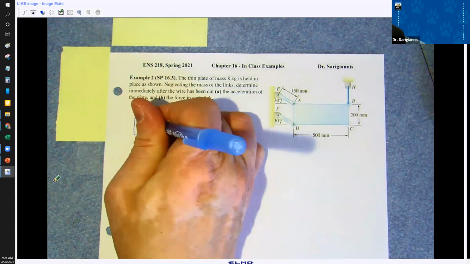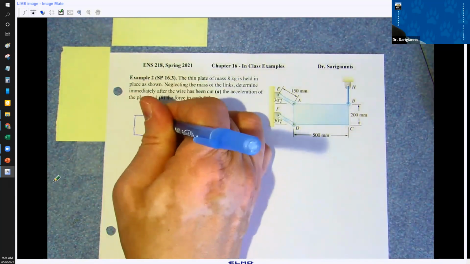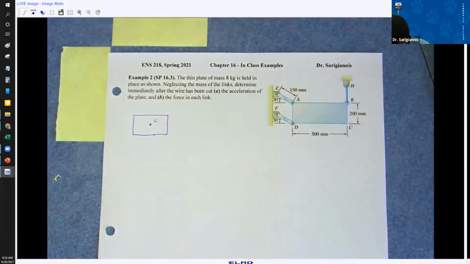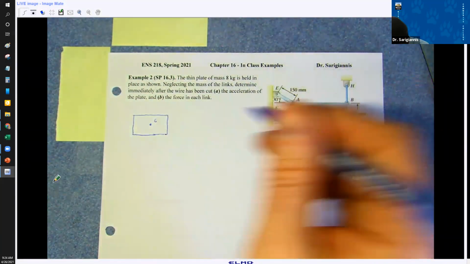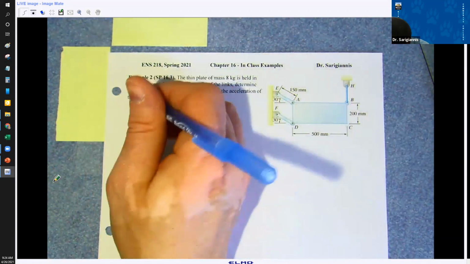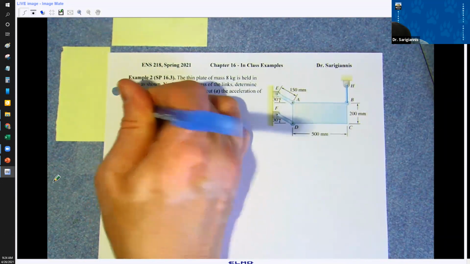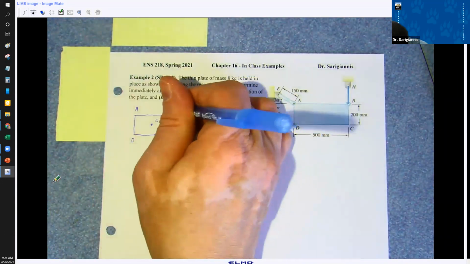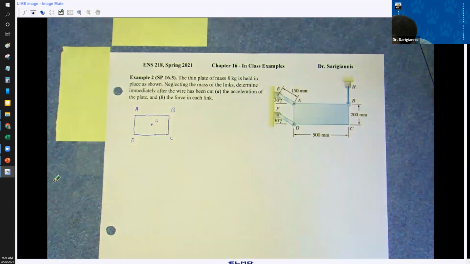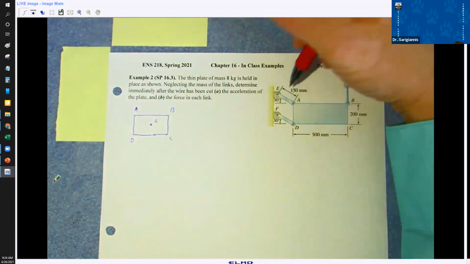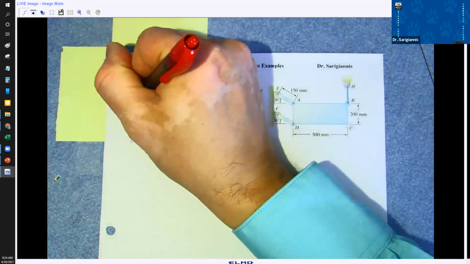And we got a center of gravity here, G. So I'm going to draw the force diagram first. That BC. Now these links are at 30 degrees.